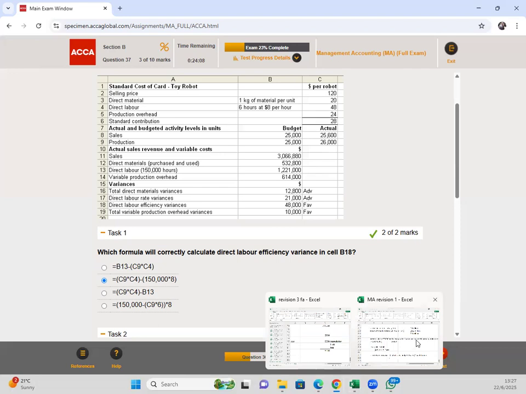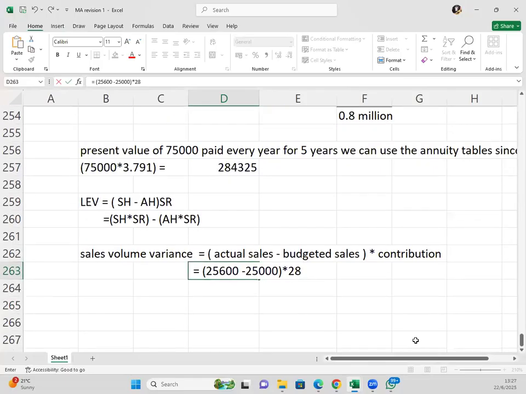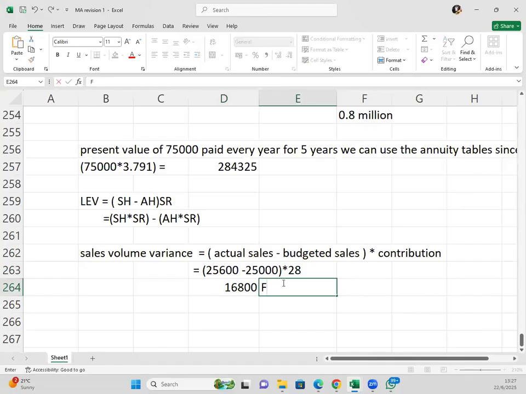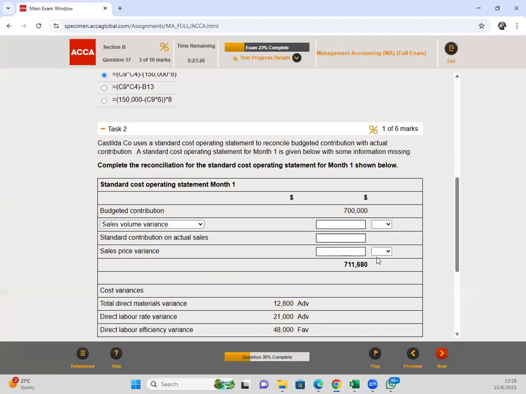So we would say the actual sales 25.6 minus the budgeted sales 25,000 times the standard contribution 28. So this would give us $16.8 favorable. So the sales volume variance would be 16.8 favorable.